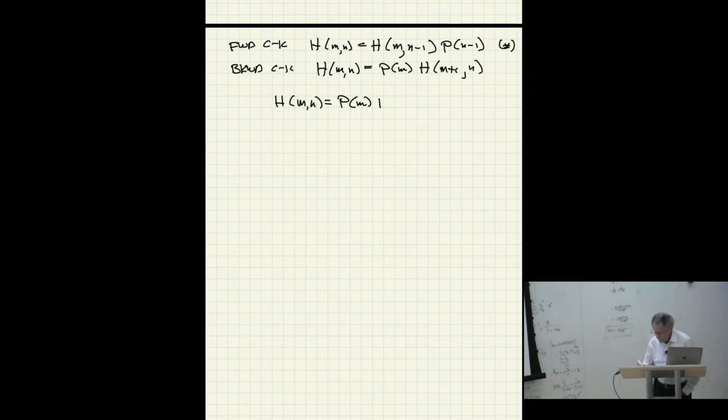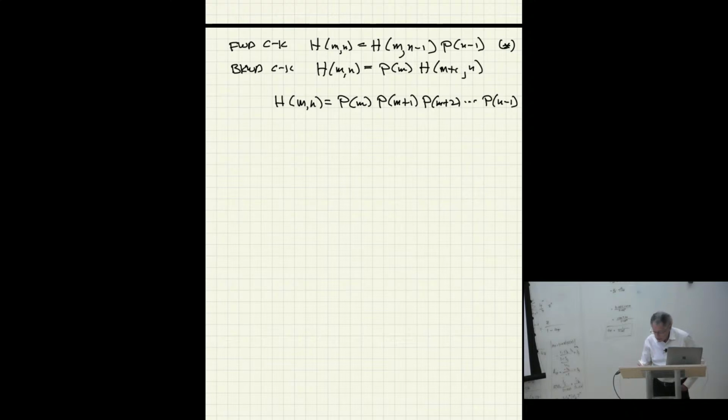It's p of m times p of m plus 1, p of m plus 2, dot, dot, dot, out to p of n minus 1. So you're going to march there.